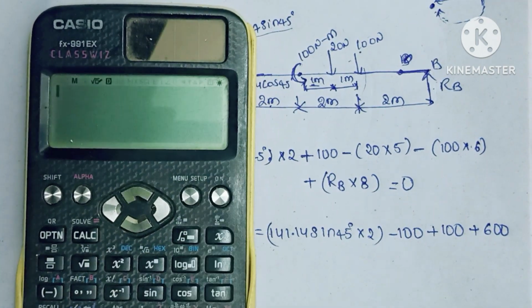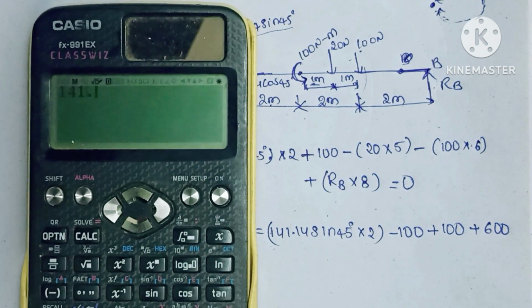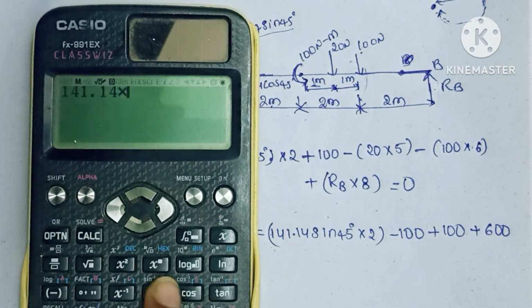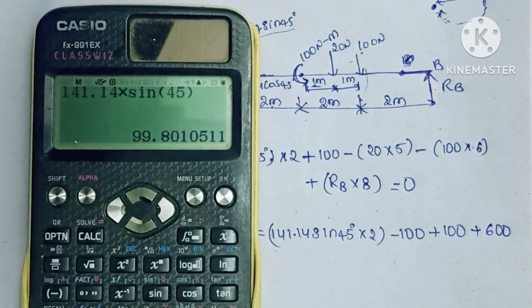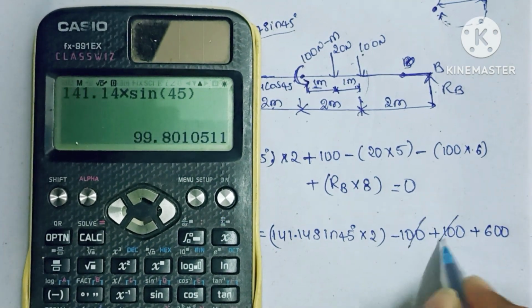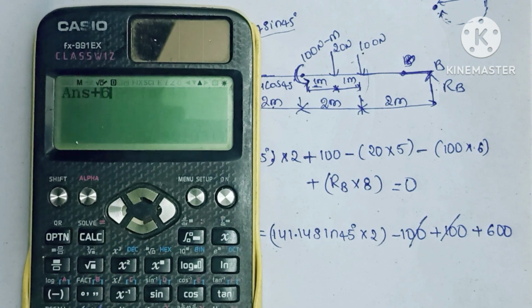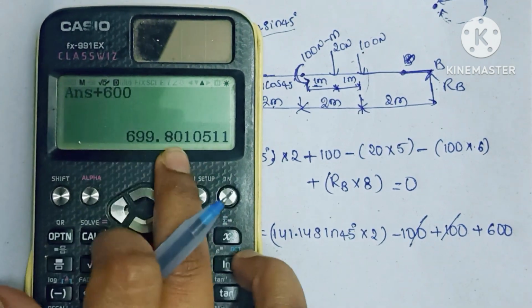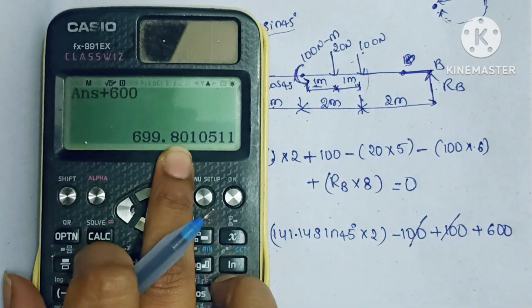If you see here, 141.14 sine 45 equal to this much, minus 100 plus 100, 0, plus 600. So we got this much, 699.8.